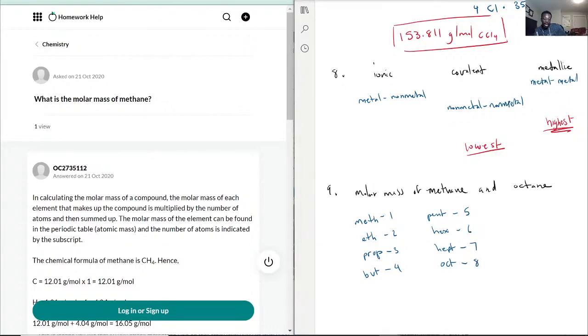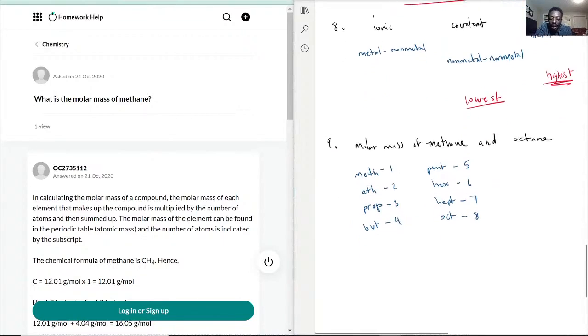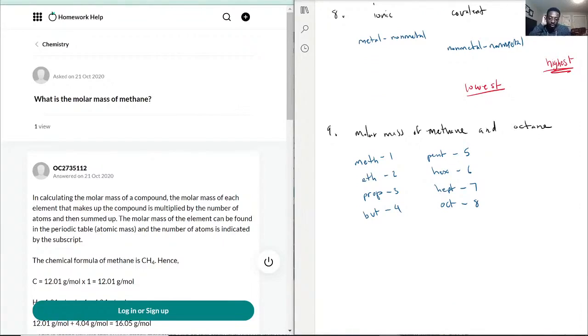The reason why I did that is because you're probably wondering, what do the 1, 2, 3, 4, 5, 7, 8 even mean? That's the number of carbons they have, okay? And for these hydrocarbons, that's what their name implies as well. Hydrocarbons, a combination of hydrogen and carbon.